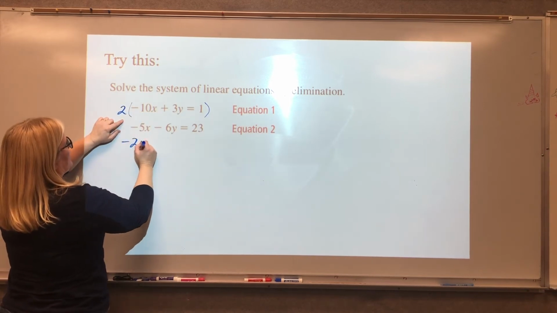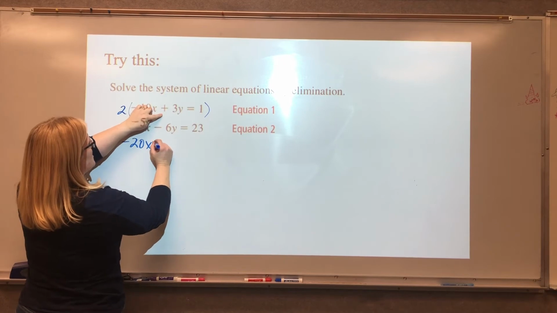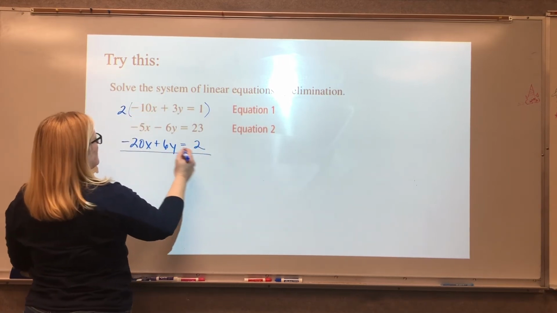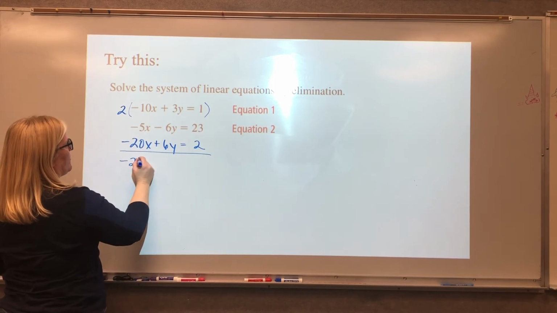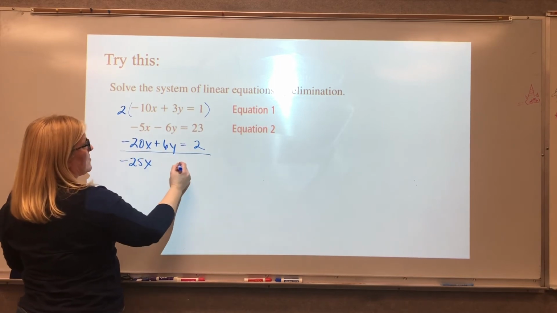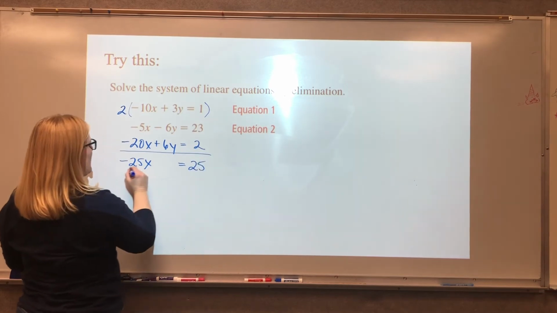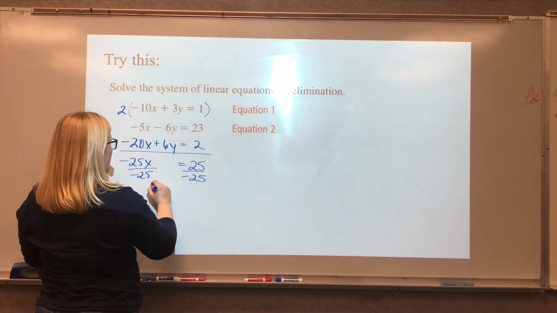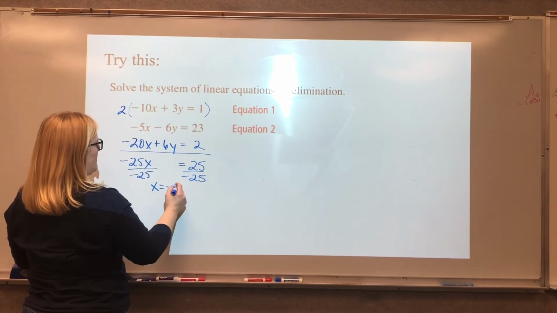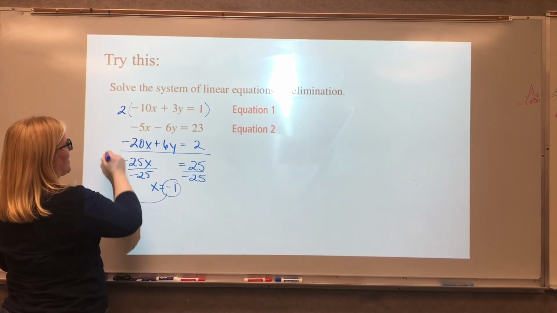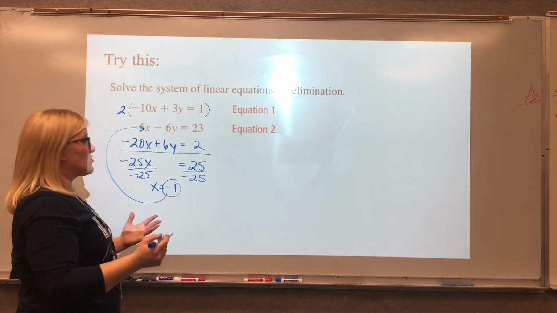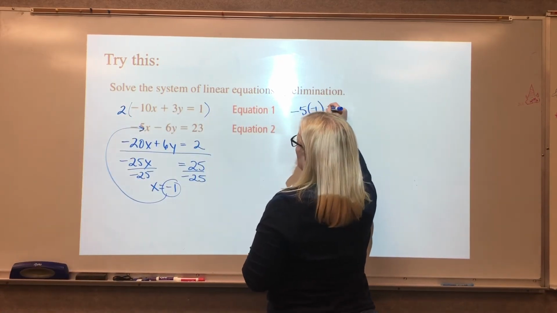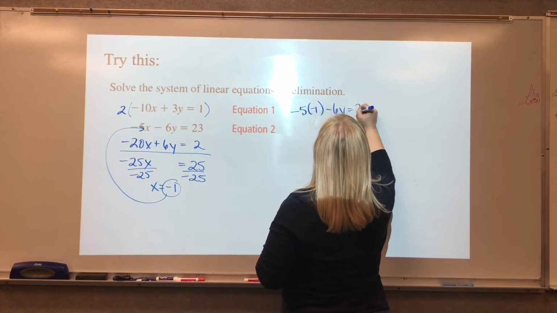So negative 20x plus 6y equals 2. So this is negative 25x, that's eliminated, equals 25. Divided by 25 gives me x equals negative 1. And I think I'll put that back into here. Again, it doesn't matter which one. Negative 5 times negative 1 minus 6y equals 23.